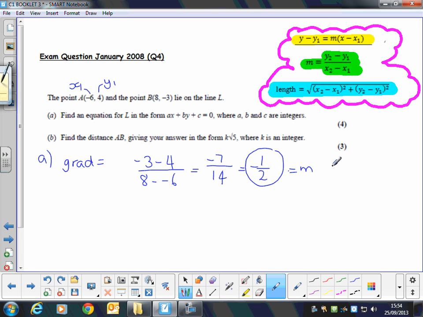So this is my m, that's the gradient. Now I can substitute this m, the x1 and y1 into this formula at the top to get my equation. So I've got y minus y1, which is 4, so y minus 4 is equal to m, which is minus a half, multiplied by x minus x1, which is minus 6.